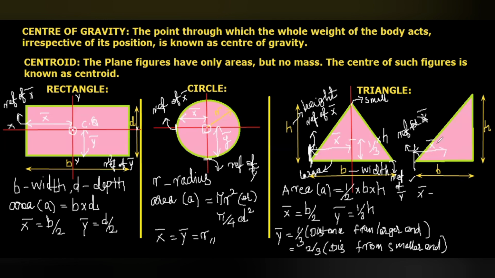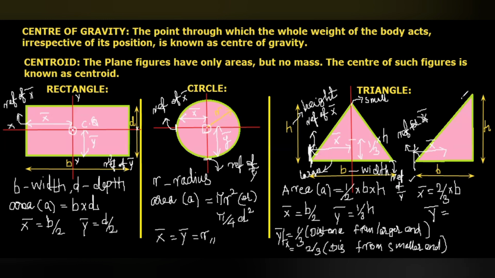This is the smaller end, so from the smaller end means 2 by 3 the distance. Here the distance is b. So x bar will be 2 by 3 multiplied with b.